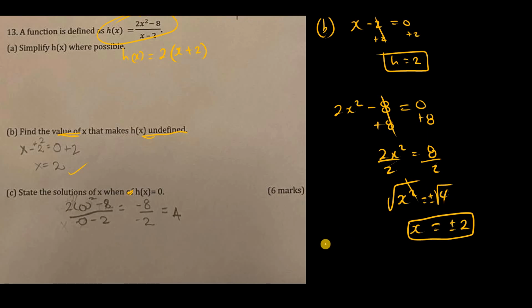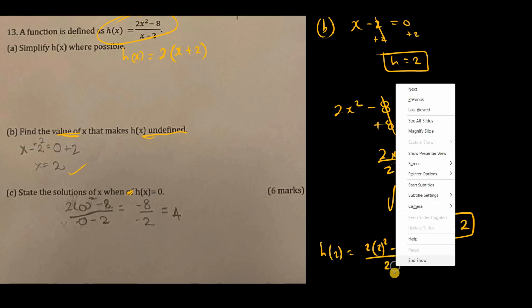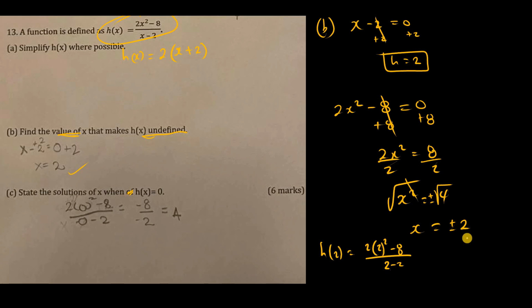Let's put h of 2 and see what happens. So 2 times 2 squared minus 8 over 2 minus 2. So positive 2 does not work because we cannot divide by 0.